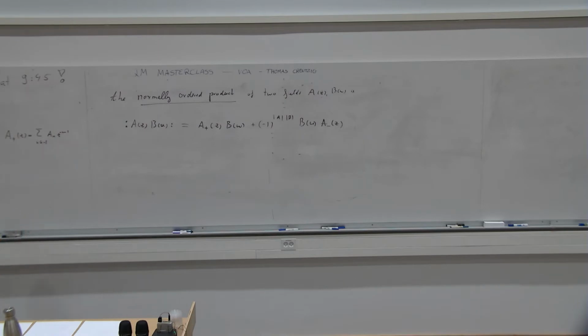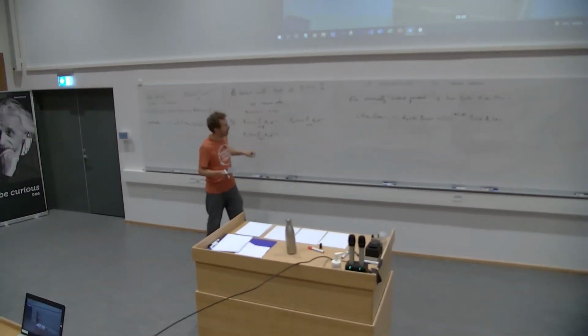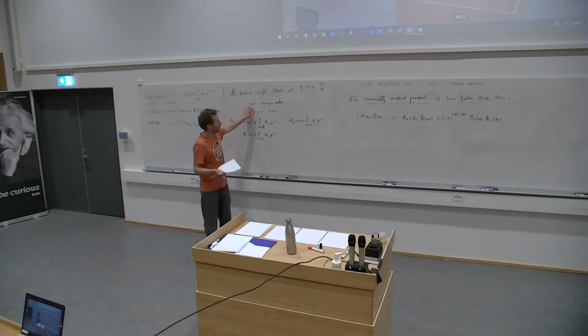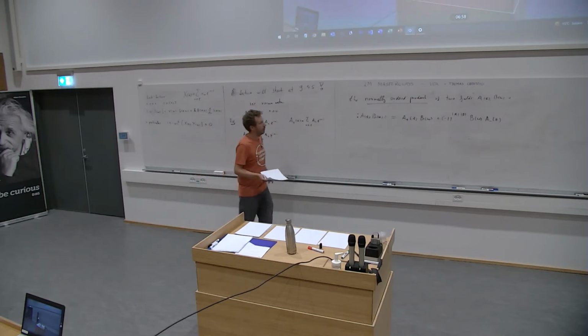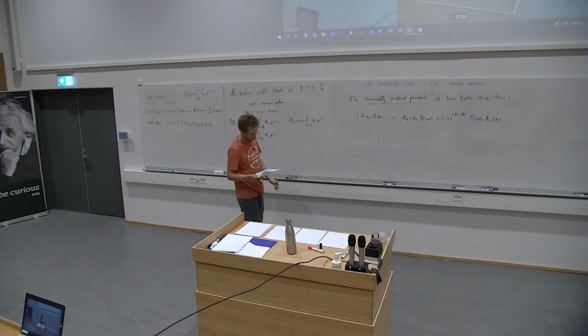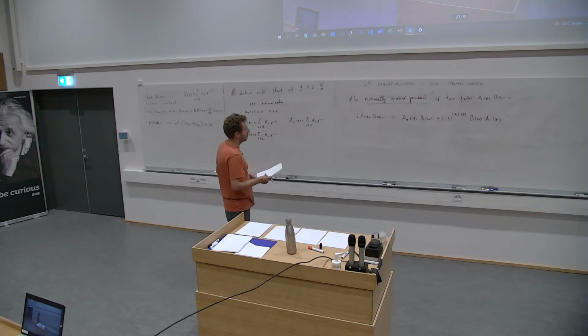And now this has the property that the modes of A plus are exactly those that annihilate the vacuum vector. So if I take this normally ordered product and let it act on the generating vector, this is now just in the affine case, then the normally ordered product is just this one acting on that.